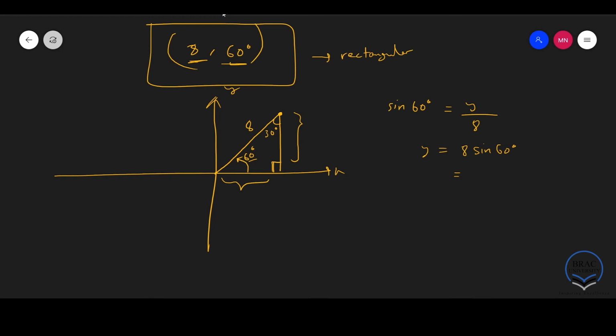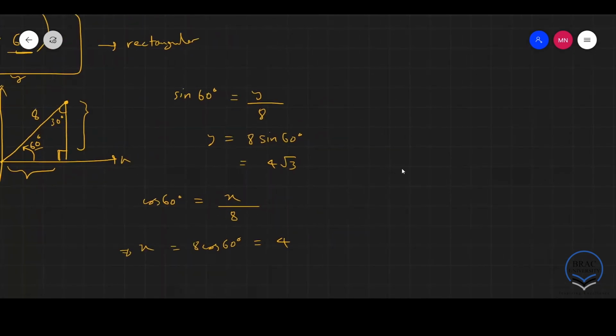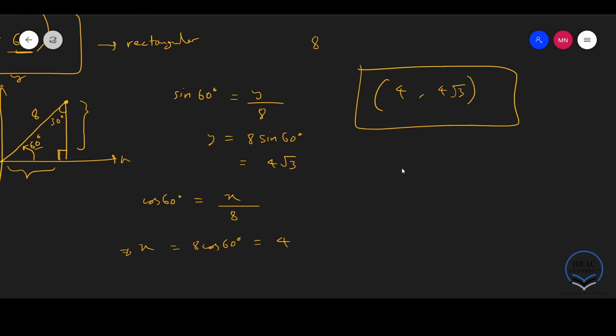This gives me 4 root 3. Similarly, I can consider the cosine of 60 degrees, which gives me x over the hypotenuse 8. And from this, I can find that x is equal to 8 cosine of 60 degrees, which gives me 4. So I have found my x and y coordinates, right? So this will be 4, 4 root 3. And these are my rectangular coordinates for the polar coordinate 8, 60 degrees, right?